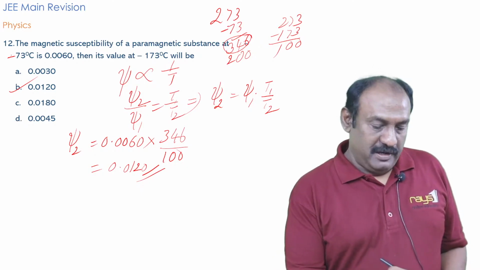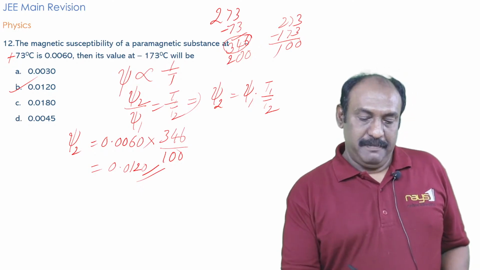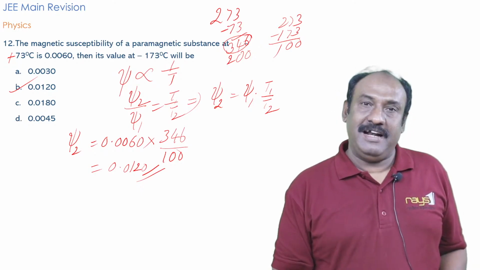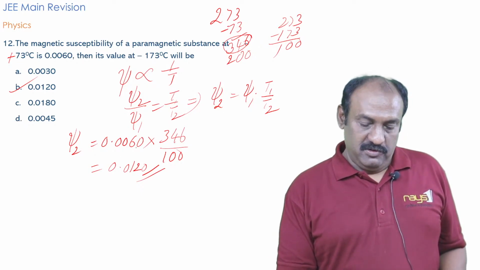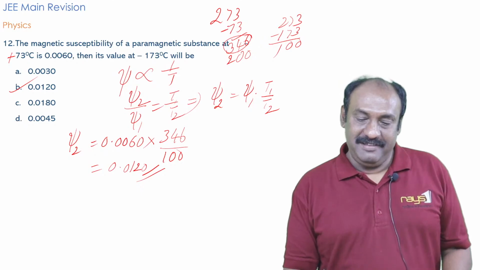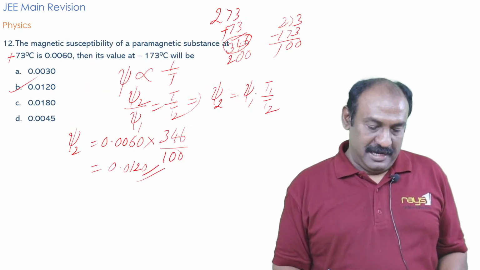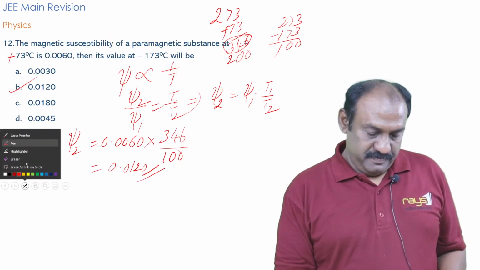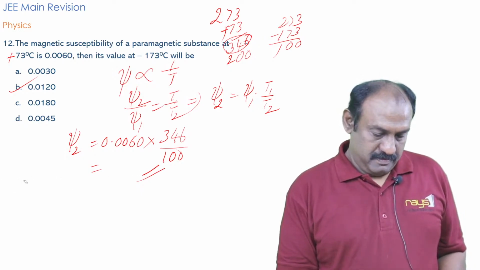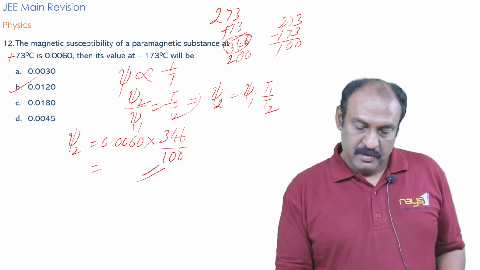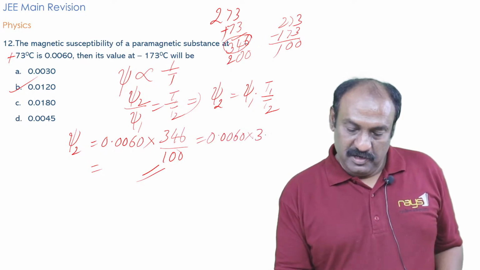So for this one, if I consider plus 73 degrees centigrade as the initial temperature and minus 173 degrees centigrade as the final temperature, then this is the formula value: 0.0060 into 346 by 100. So do the calculation. After calculation we get 0.0060 into 3.46.